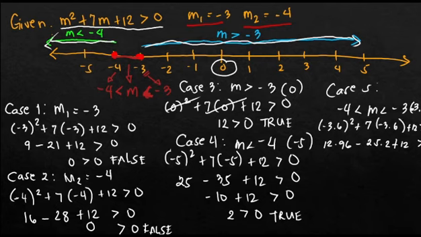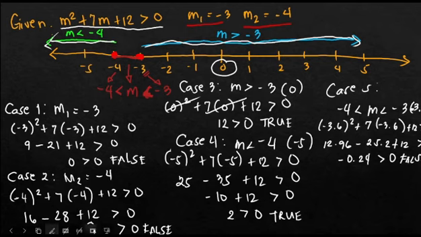And then we simplify 12.96 minus 25.2 plus 12. And then we will get negative 0.24 greater than 0. Is it true or false? Okay, so this is also false.